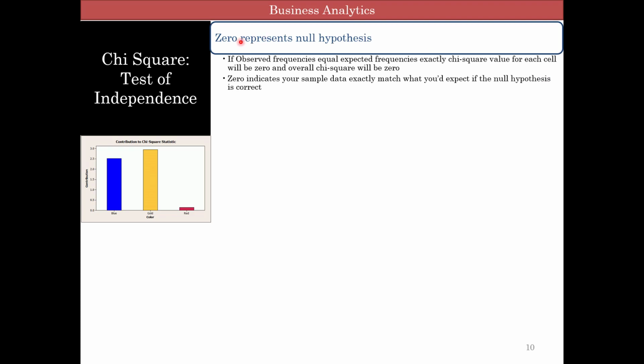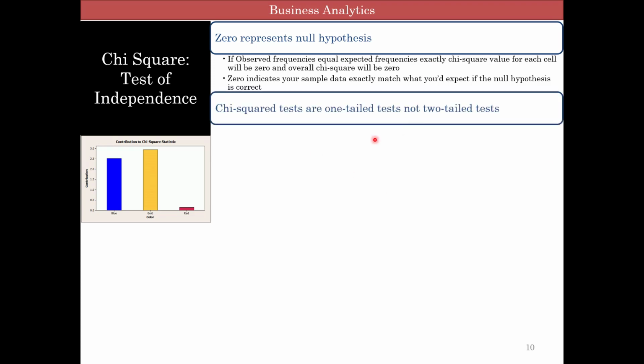So it's important to understand, if you add up all those chi-square values and it is 0, that represents the null hypothesis. If observed frequencies are exactly the same as expected frequencies, then the chi-square value will be 0. And 0 indicates your sample data exactly matches what you'd expect if your null hypothesis is true.